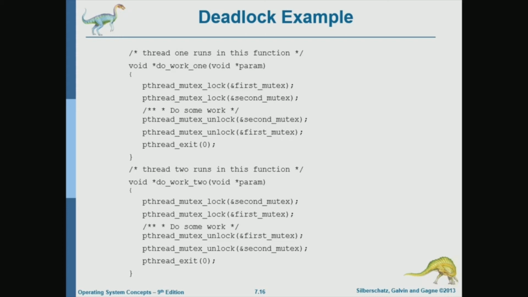Now, we can avoid this kind of deadlock if we force processes to lock resources in the same order. So we force all processes to lock the first mutex before the second mutex.